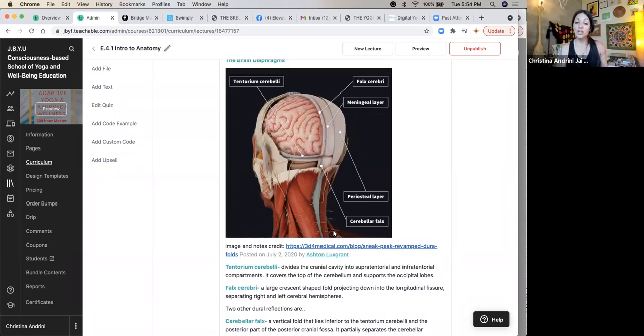You see it highlighted here on your screen. The supratentorial is the superficial, the outermost, and the infratentorial is the innermost. It covers all the way from the occipital lobes to the cerebellum, so it covers a pretty big compartment, and then it divides it into the two.